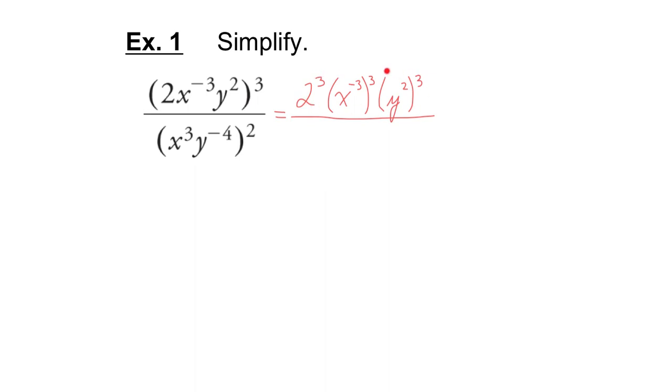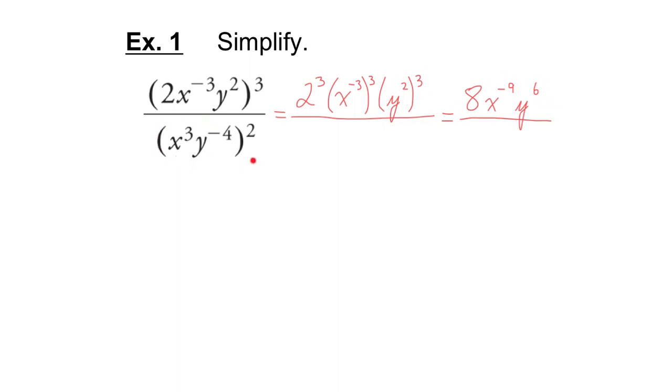Now I can simplify this. I can figure out what 2 to the exponent 3 is. It's just 2 times 2 times 2. I can figure out what this is. It's a power of a power, so I multiply the exponents. This is also a power of a power, so I can multiply the exponents. So my numerator ends up being 8, x to the minus 9, y to the 6.